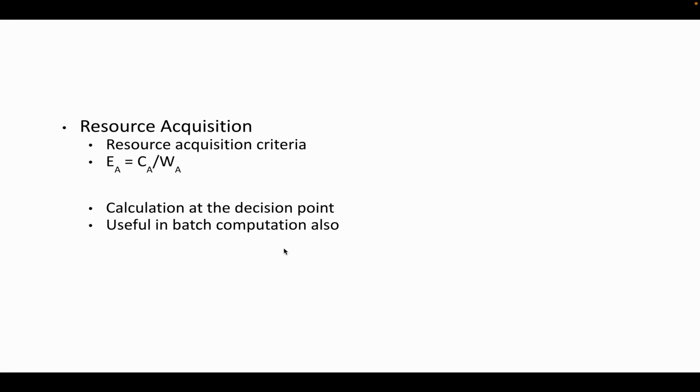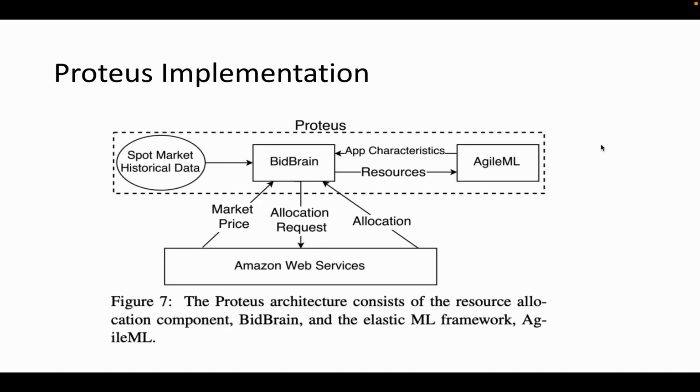This is another application of resource acquisition, used in BidBrain, which consists of BidBrain and AgileML. These two are connected using ZMQ messages specifying the application characteristics. Proteus then connects with AWS to retrieve current and historical spot market data, which BidBrain uses.